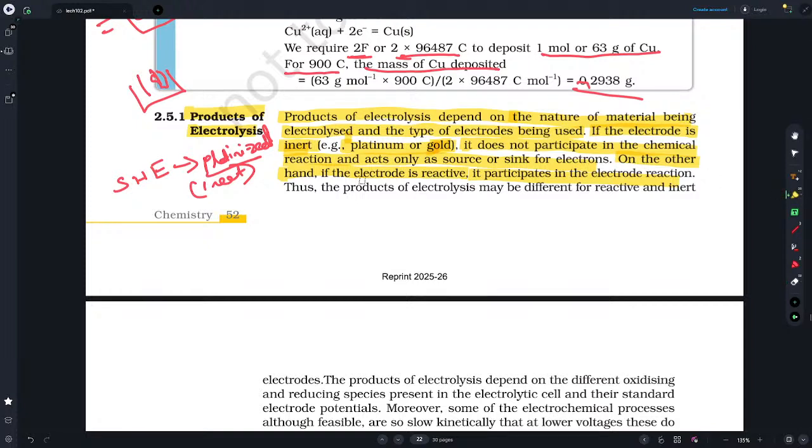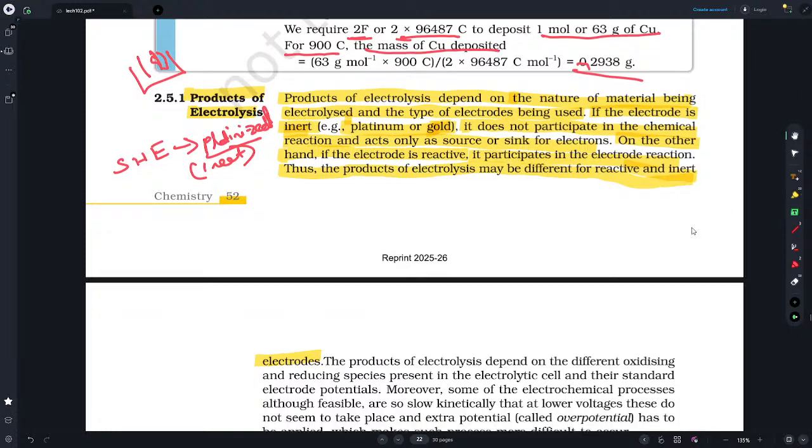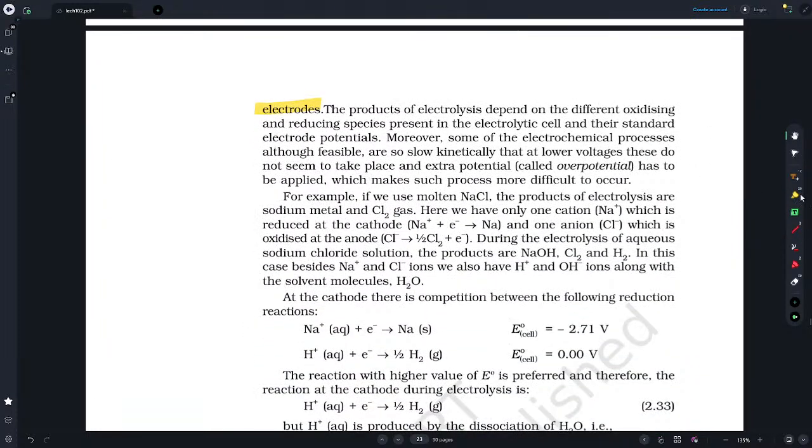Let's continue reading. Thus, the products of electrolysis may be different for reactive and inert electrodes. The products of electrolysis depend on the different oxidizing and reducing species present in the electrolytic cell and their standard electrode potential.